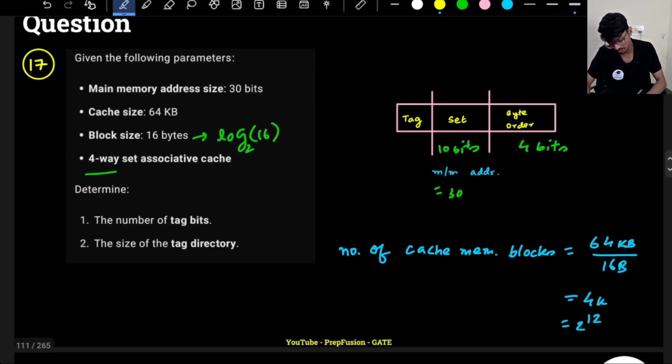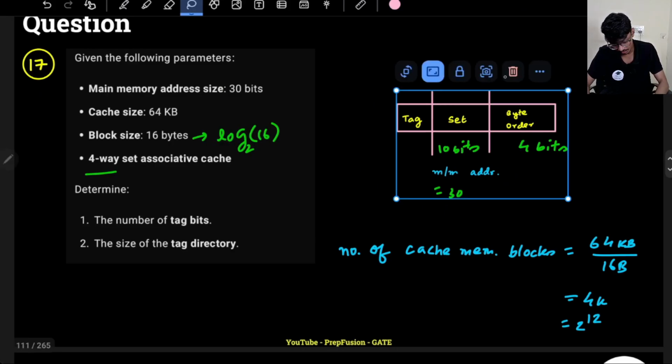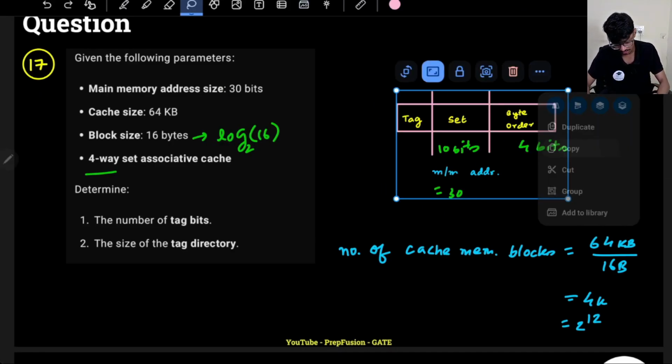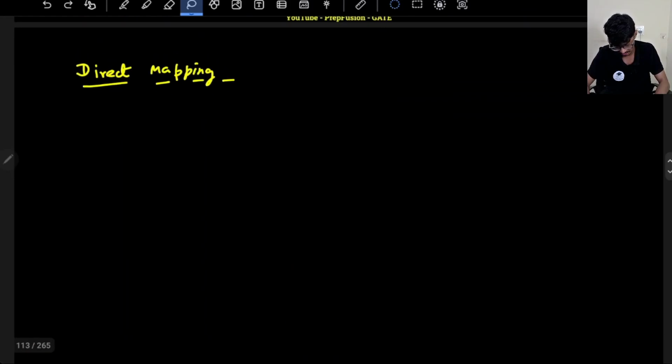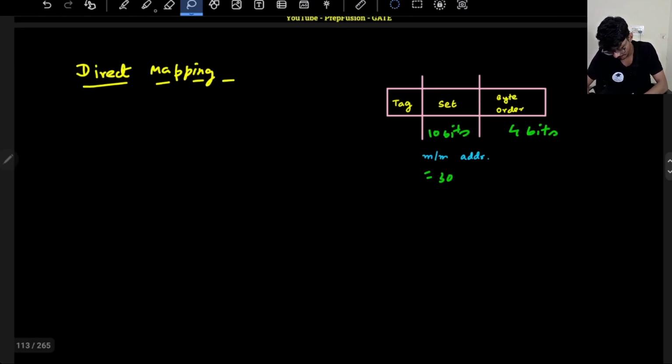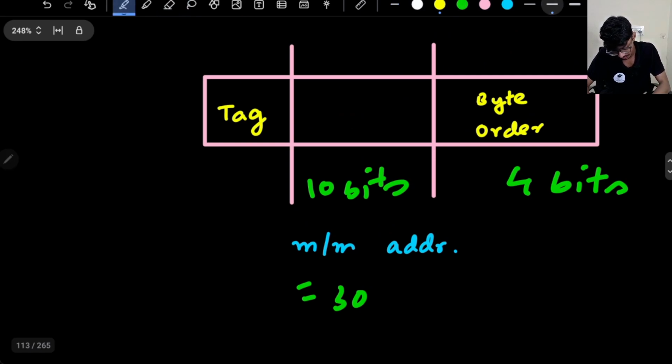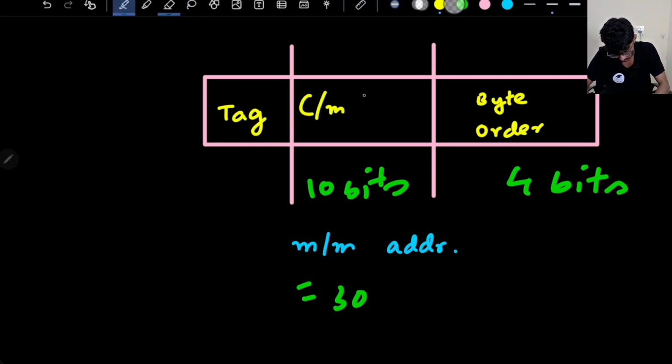But if I would have chosen a direct map, obviously the byte offset will be the same. Byte offset will not change. The set will change, right? So instead of set, here this will be cache memory block number.